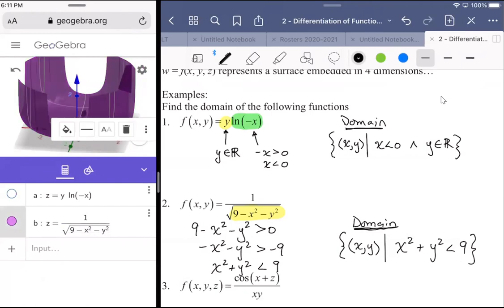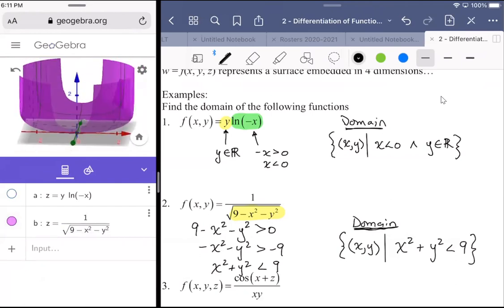And so that's what we're looking at. And you can see, it's not perfect, but it gets the job done.